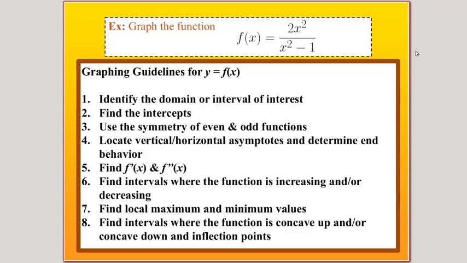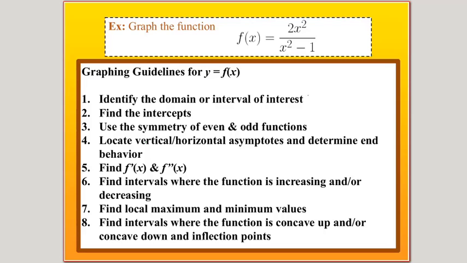Okay, so the first thing we want to do is identify the domain or interval of interest. So for this function here, which is 2x squared over x squared minus 1, the domain, the interval is really negative infinity to infinity, but we have to kick out plus or minus 1 because those are not in our domain.